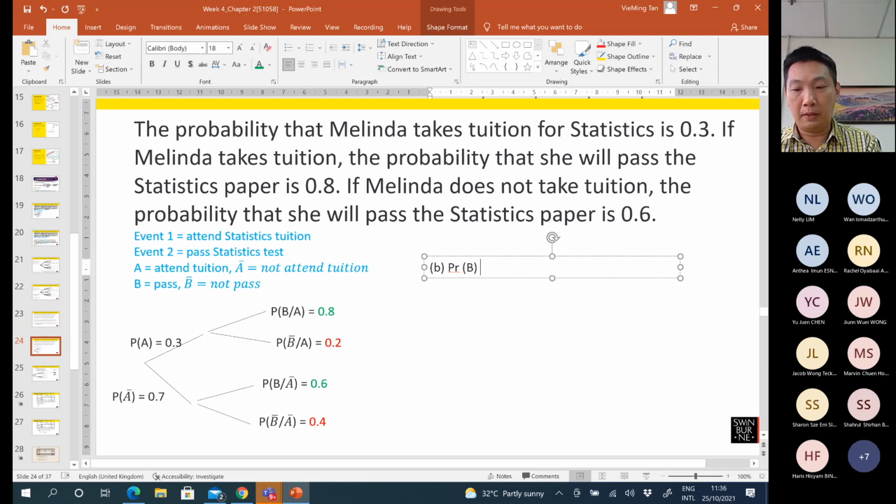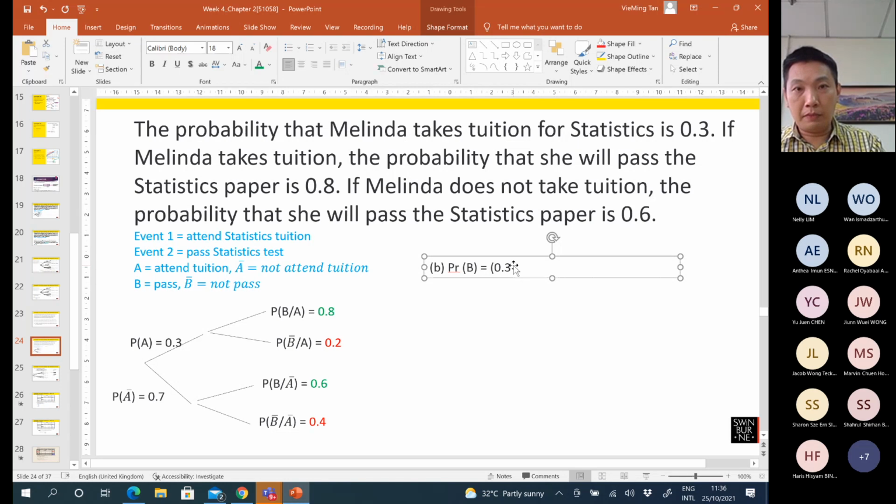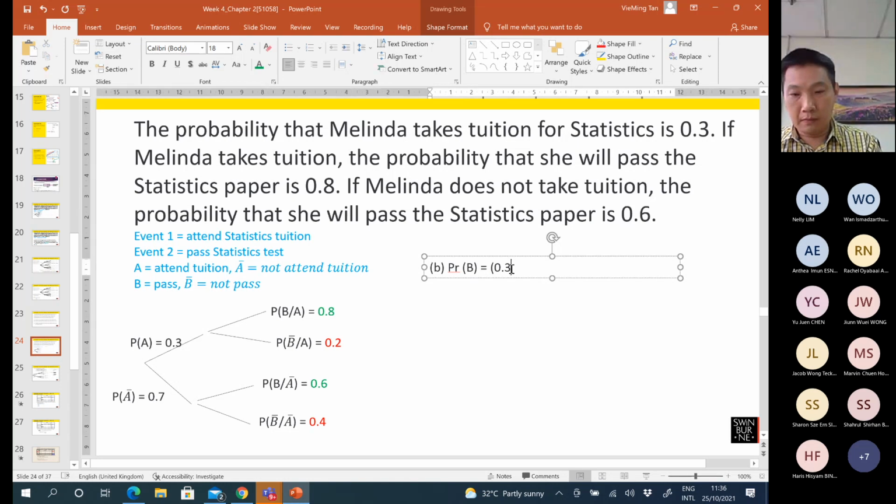You're asked to calculate P(B). So you need to identify any pathway consisting of B. We know that is 0.3 multiplied with 0.8. This is the first outcome. The second combination can be 0.7 multiplied with 0.6.